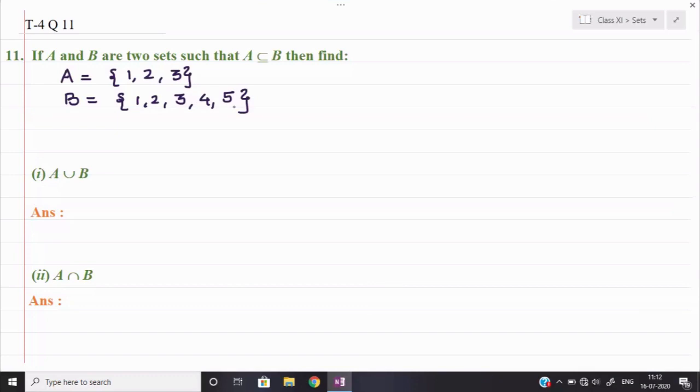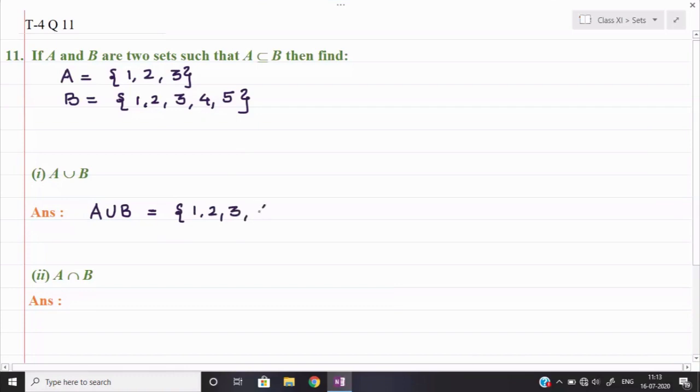Now we need to find the value of A union B. So let us see part number 1. They are asking A union B. So you know that in the case of union, we write down the elements of the first set. The first set is A, so I will write down all its elements, that is 1, 2 and 3, and then I will write down the remaining elements of set B which have not been mentioned up till now.